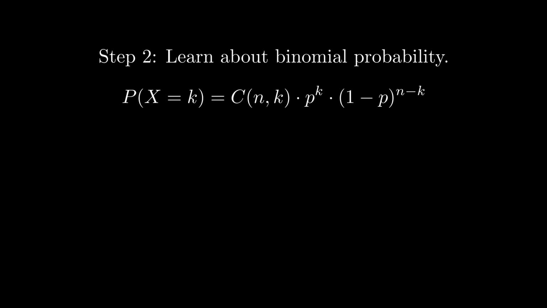This step teaches us how to use the formula to find the probability of a specific number of successes. Later, we'll use it to calculate the case of at least 2 successes.